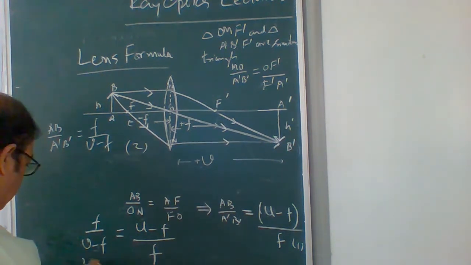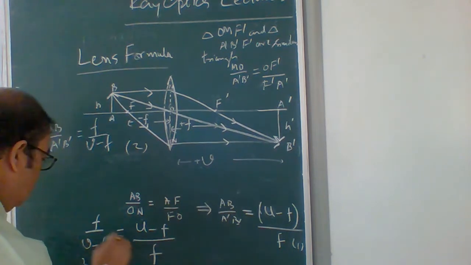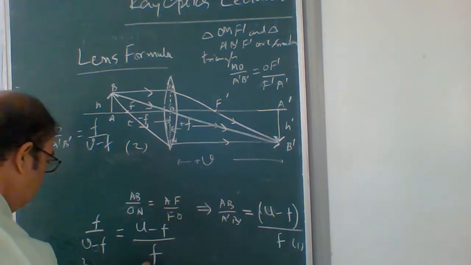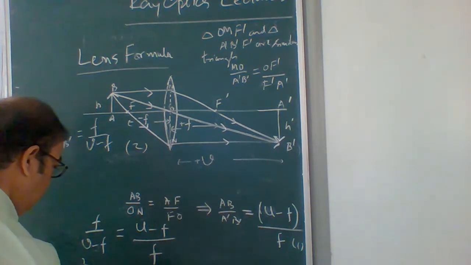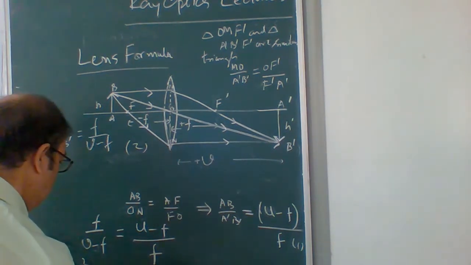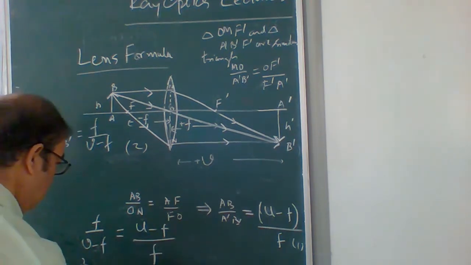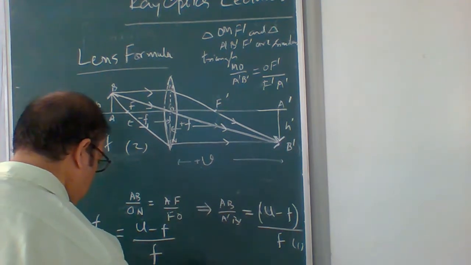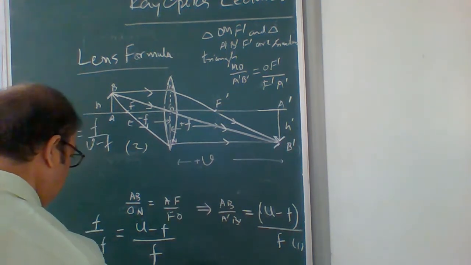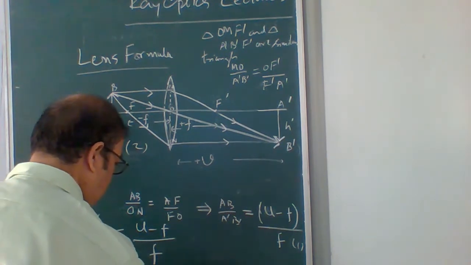Here we have F square and here we have UV minus, we have VF, and then we have minus F2 and plus F square.